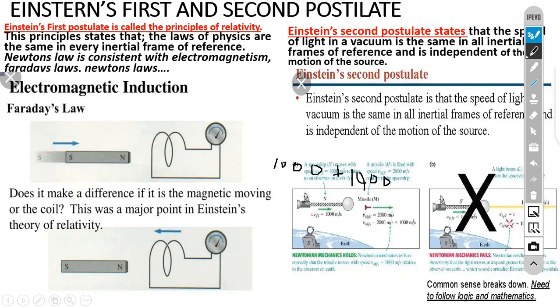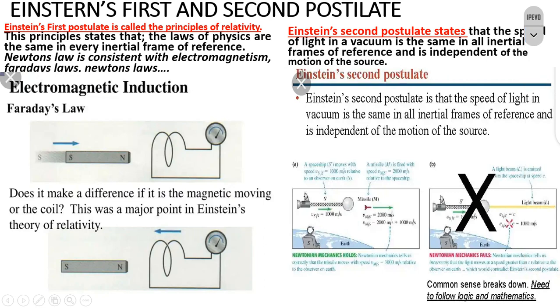The total velocity would be 2000 meters per second. But this principle does not hold in terms of the speed of light. You cannot say the velocity of the rocket plus the speed of light. It does not hold. That's what the second postulate is all about.